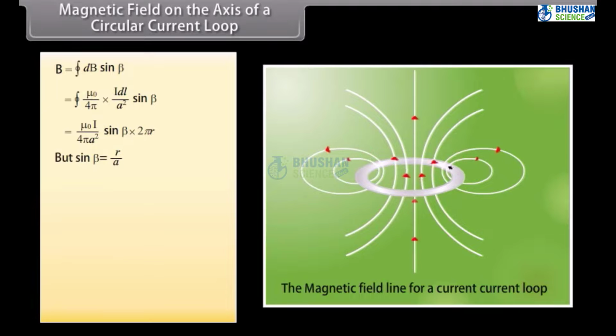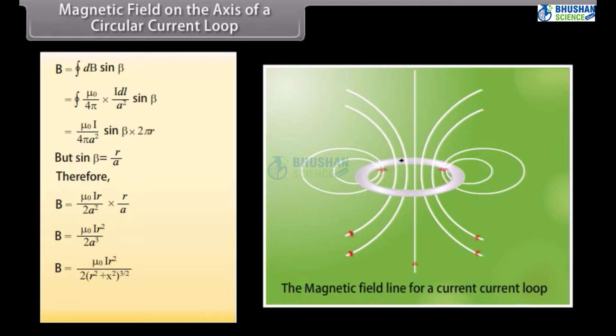But sine beta is equal to r upon a. Therefore, the total magnetic field at P is equal to mu naught I r square divided by 2a cube. We can also write this equation as mu naught I r square divided by 2 times r square plus x square within parentheses raised to the power 3 by 2. This magnetic field acts along the axis of the circular coil.